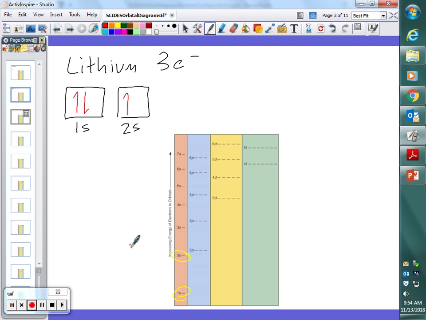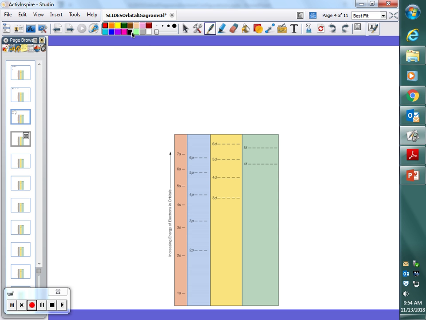Okay? All right. Good there? Okay. The next one that's on your sheet is boron. Didn't we just do lithium? Ah, So next on your sheet is boron. Okay? Good, good.